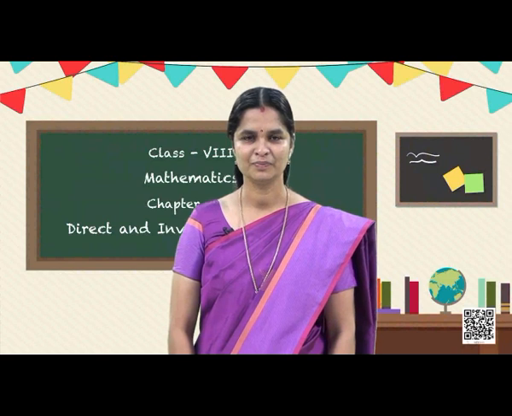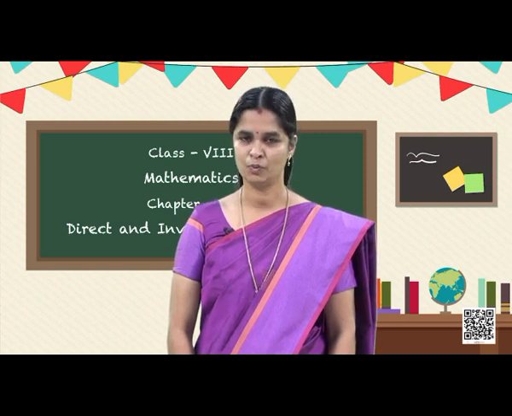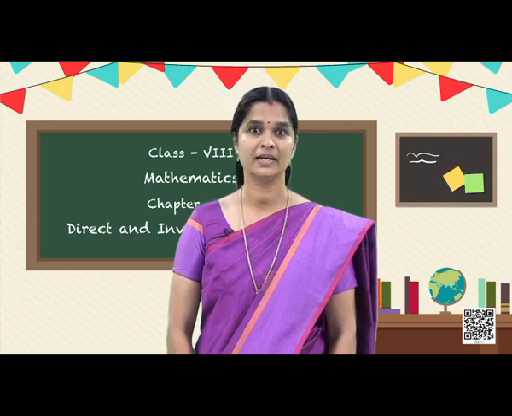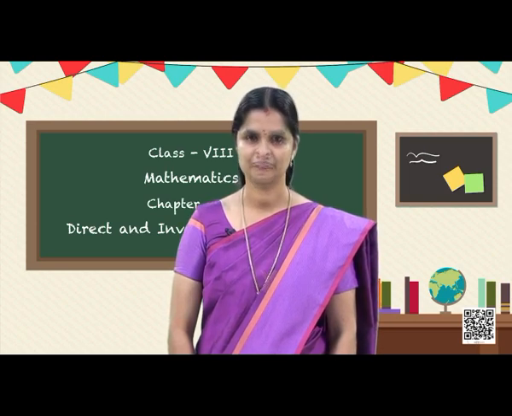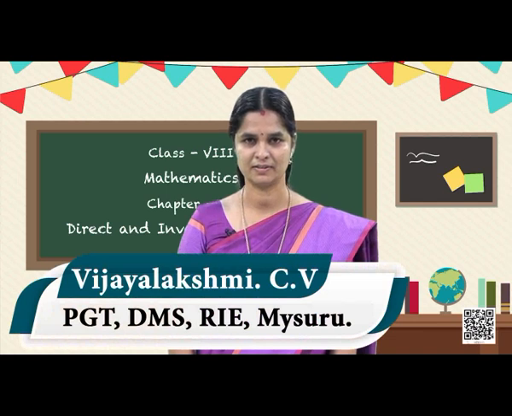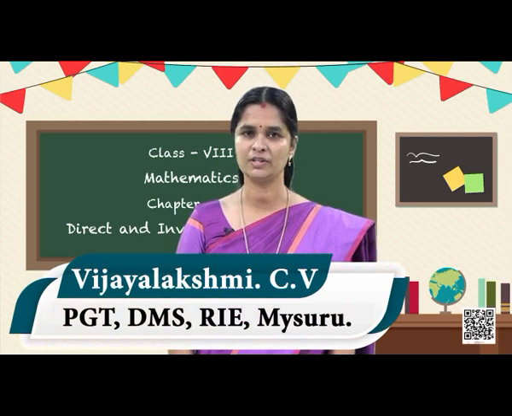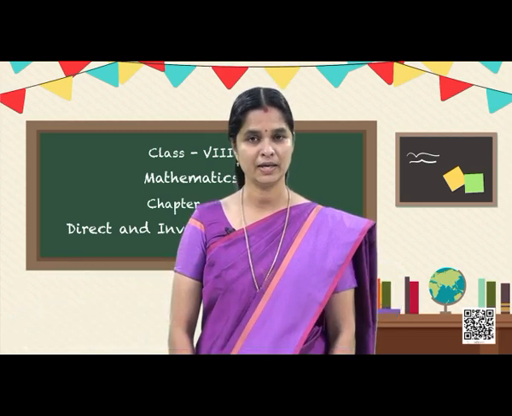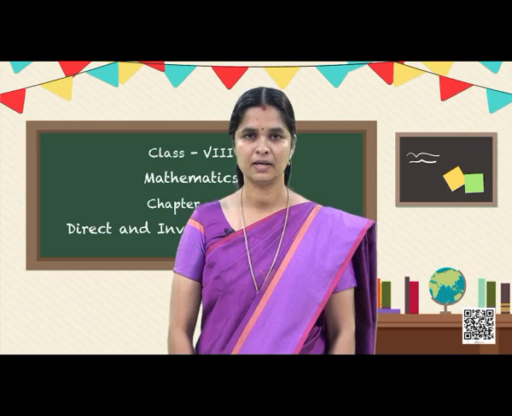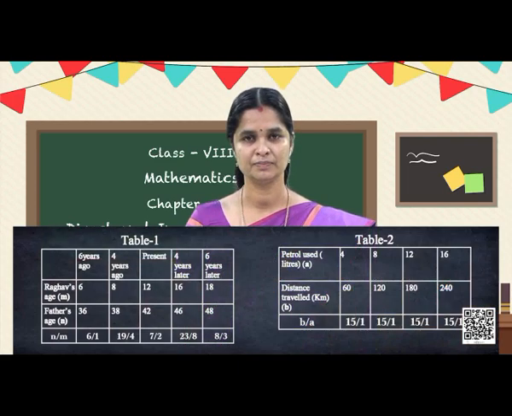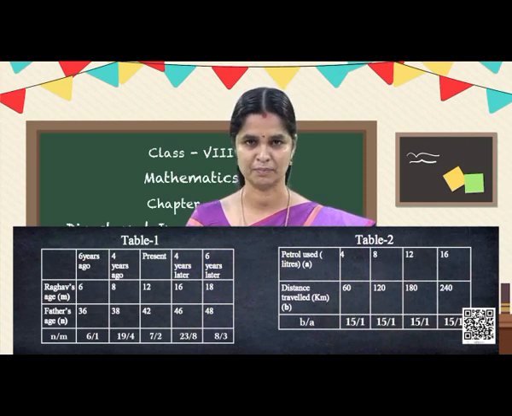Now, we can see that in the first situation, the ratio was not the same in all the cases, but in the second situation it is a constant. You can even try the other way. Try to find out the values of B by A and N by M. We can see that the observations are the same.